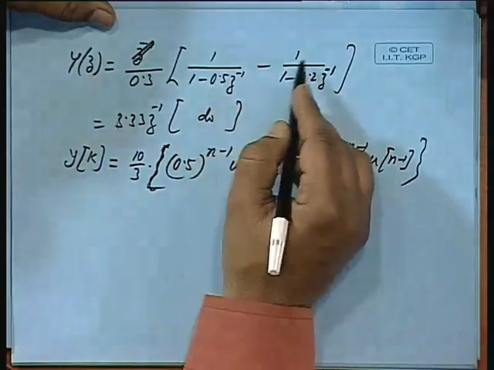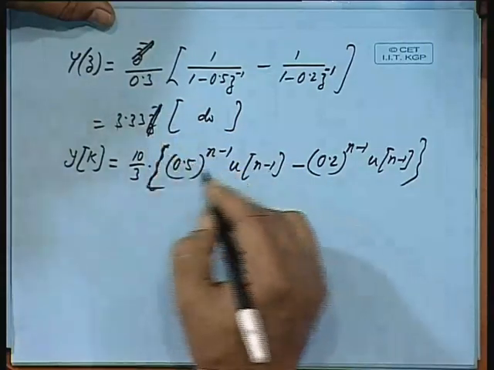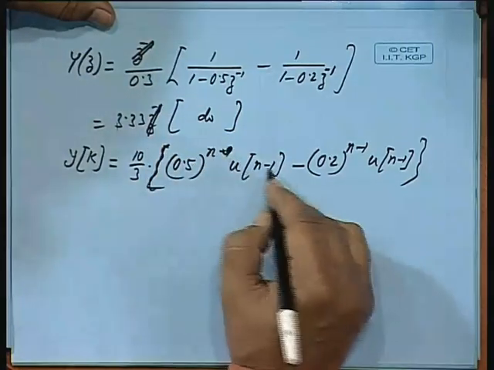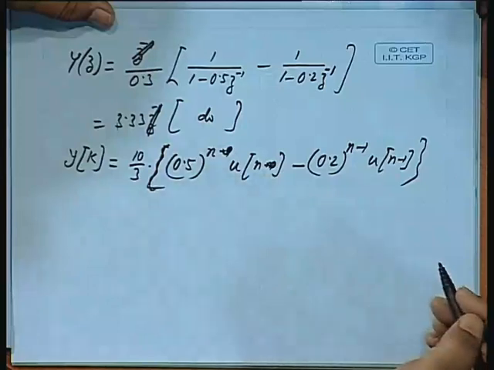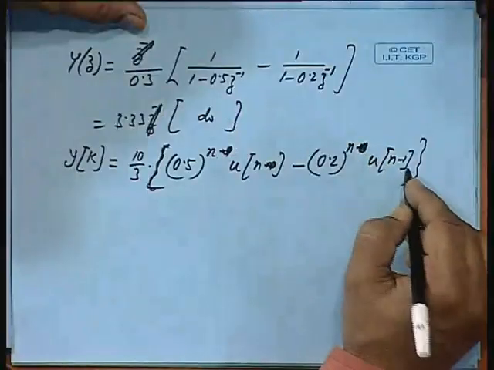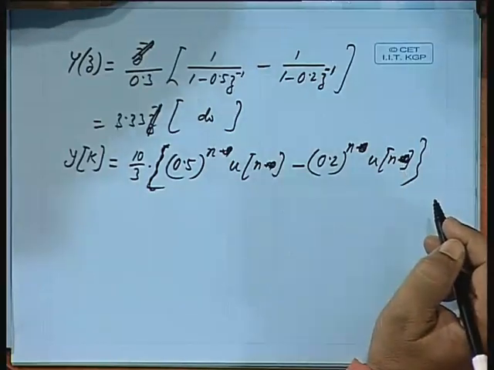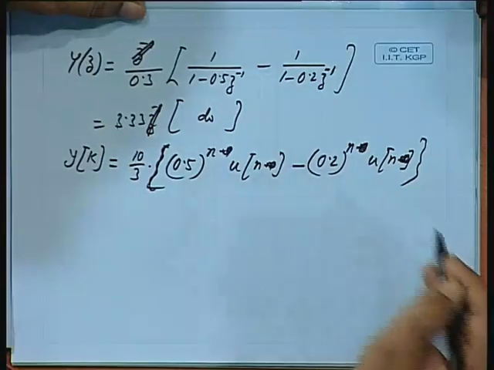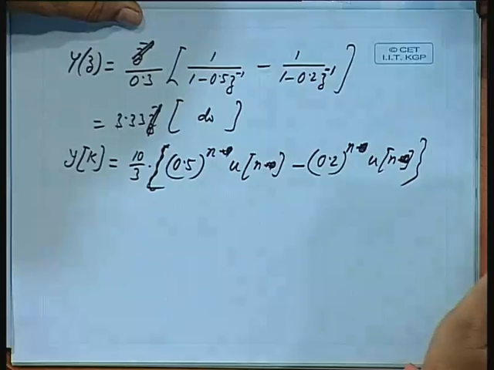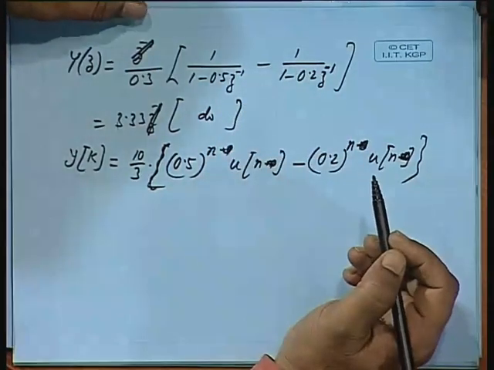This itself will give me the Z inverse. Thank you. So, it will be just 0.5 to the power n, then 0.2 to the power n u n. Yes, it will be, sorry, it will be this. Z inverse will automatically come from the subtraction.